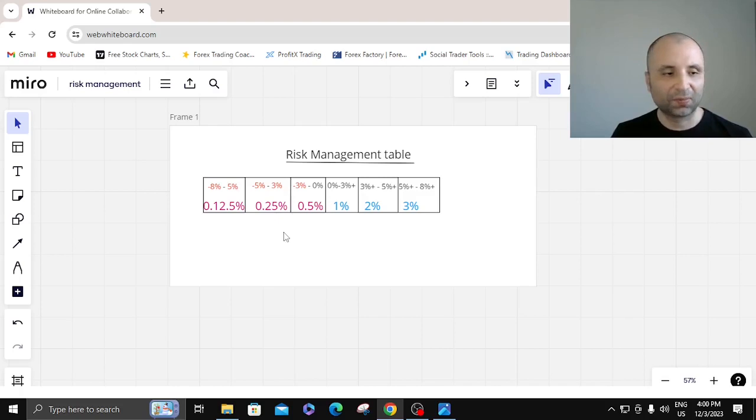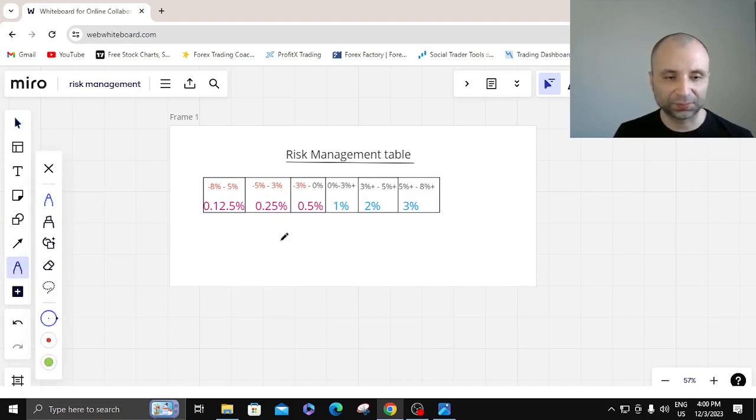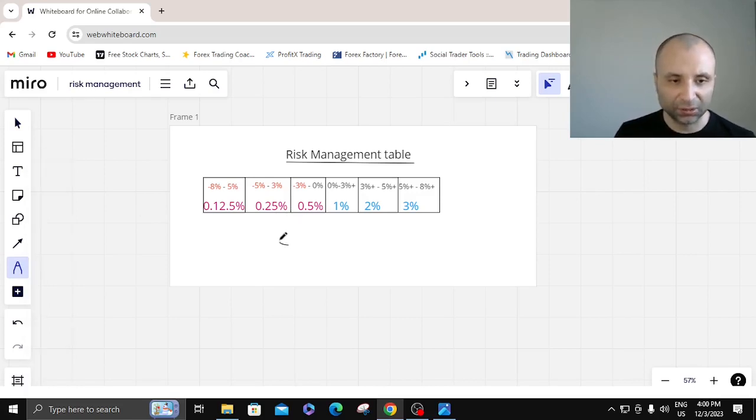Okay, what you need to understand is that you need to use a positive risk to reward ratio. So let's say you're risking 250, let's say US dollars. You need to go for a minimum of $500.